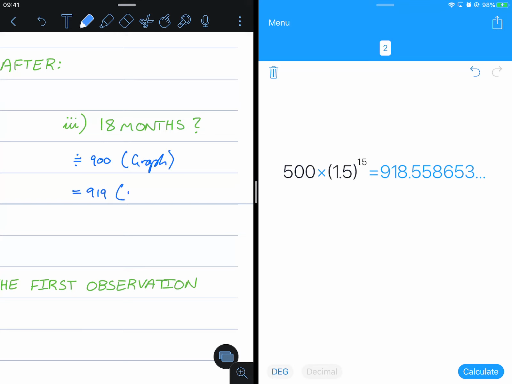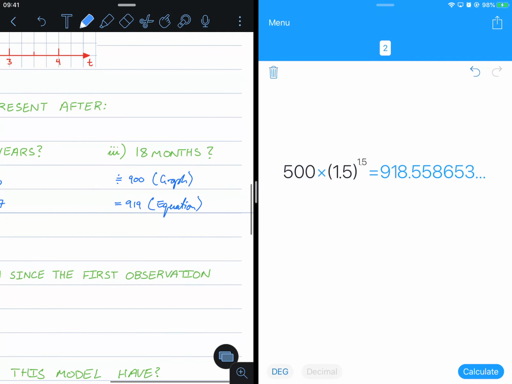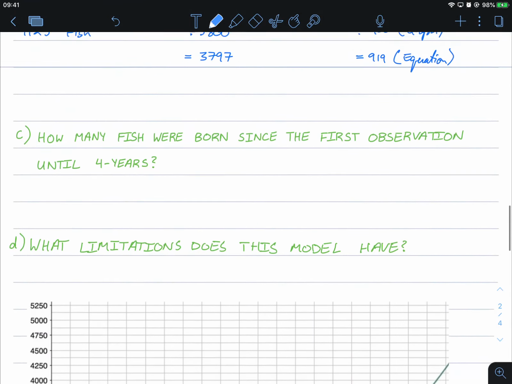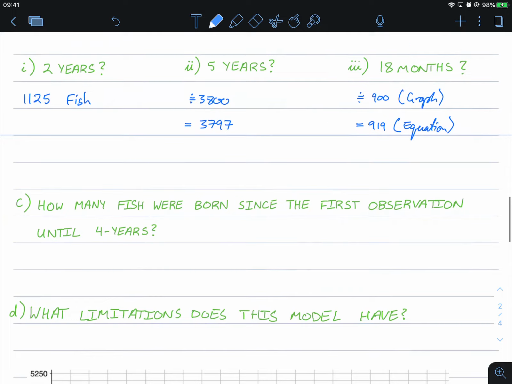This is from the equation. So depending on what tools we've been given, we can either just approximate using the graph or just use the equation itself.